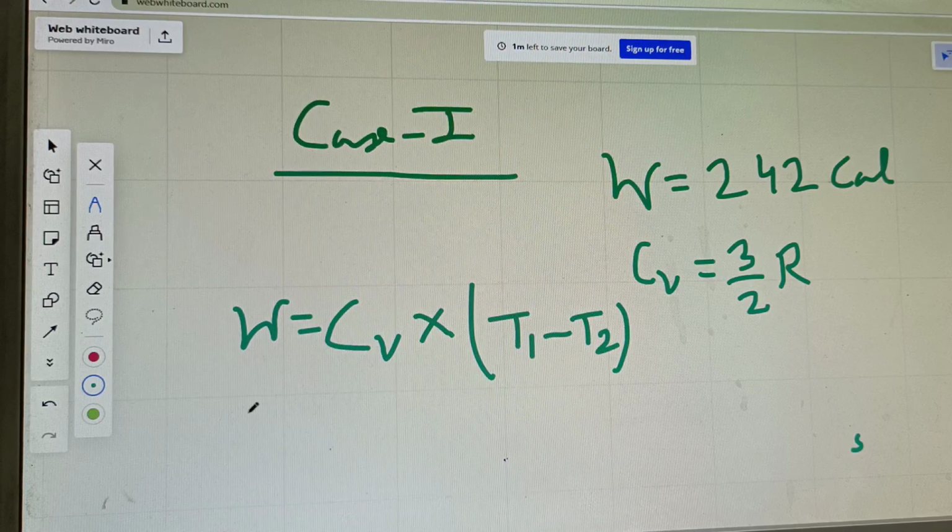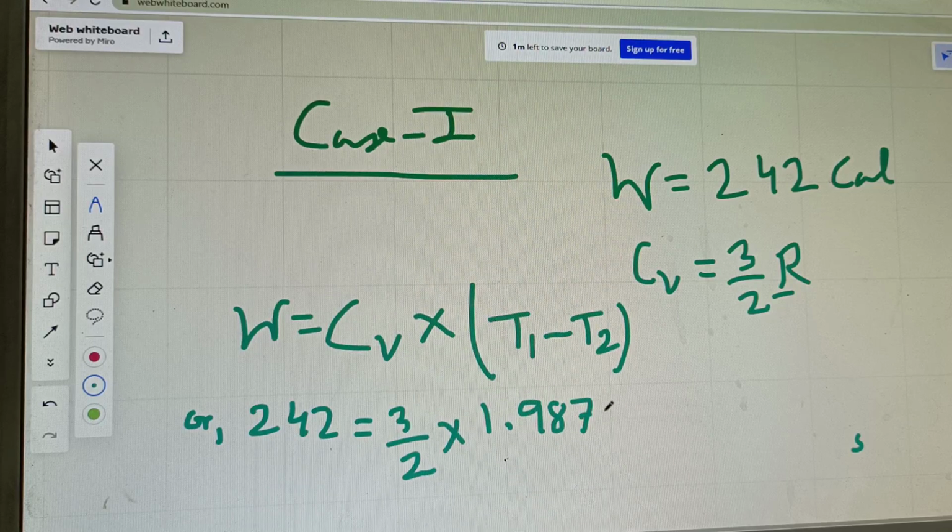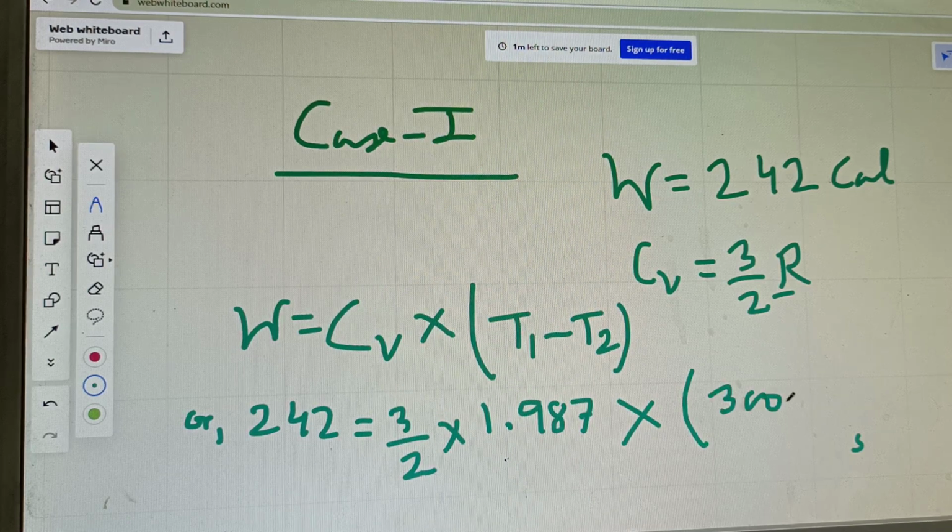So 242 equal to 3 by 2 into R, which is 1.987 or approximately 2, into T1 initial temperature 300 minus T2.